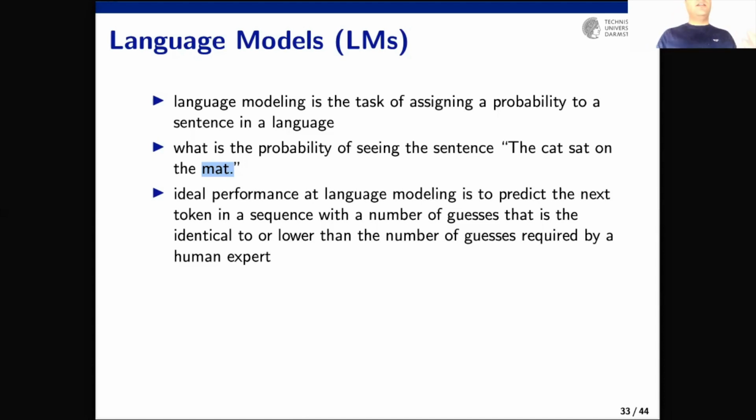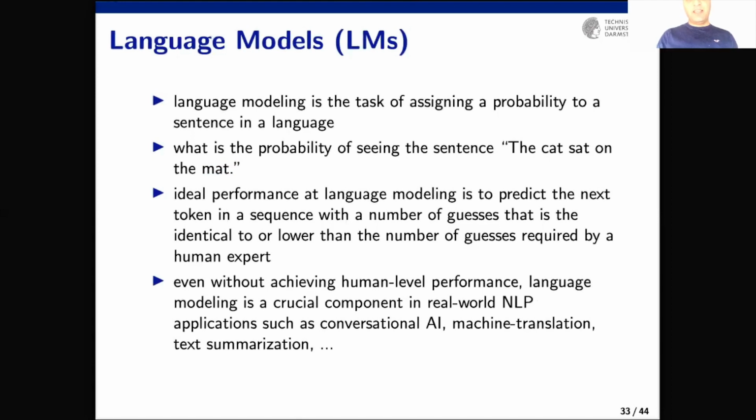But this is a very ideal scenario, so we don't expect our language model to work equally well as humans. But the point is that even without achieving human level performance, language modeling is a crucial component in real world NLP applications, such as conversational AI, machine translation, and text generation, or any text generation problem.